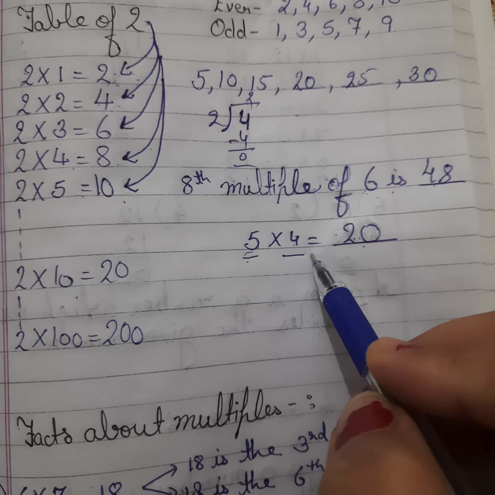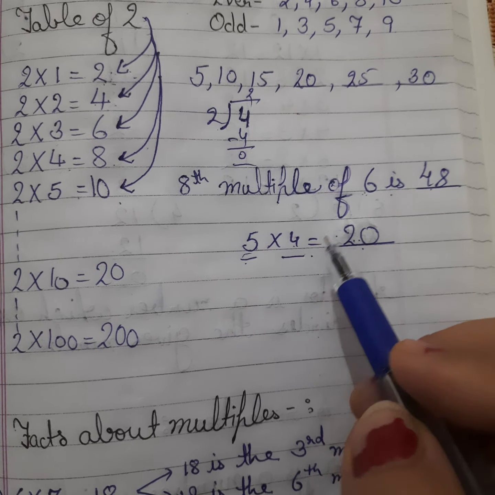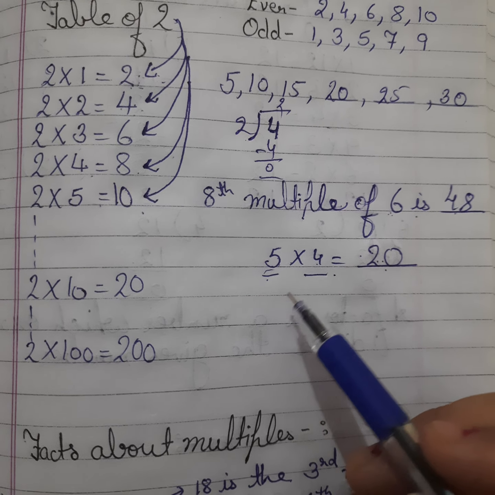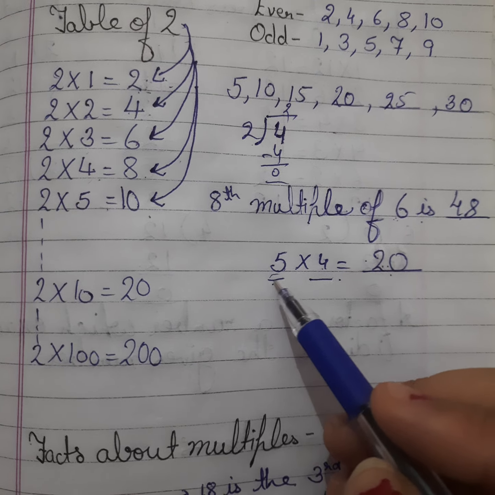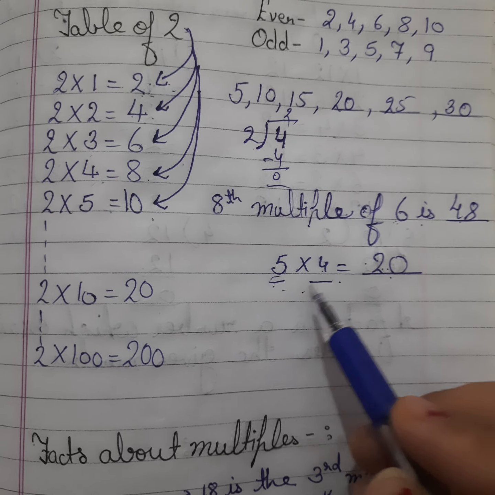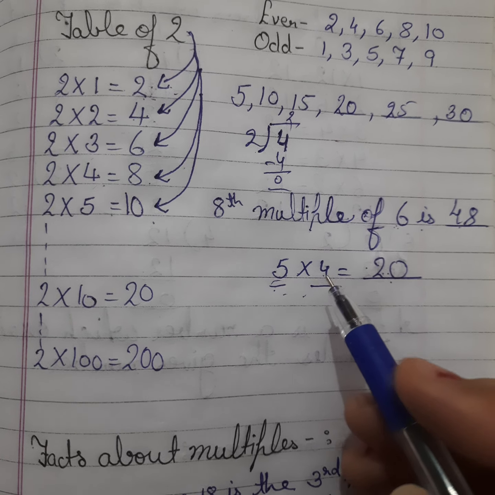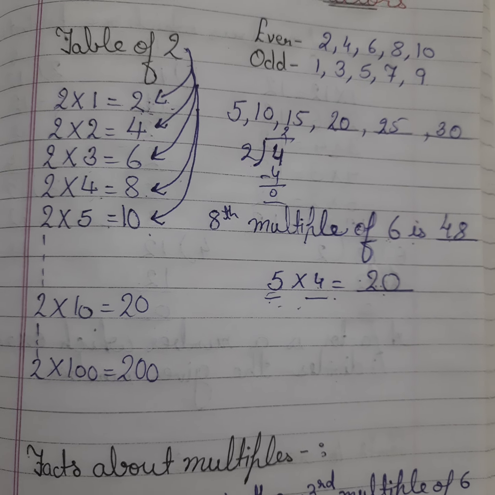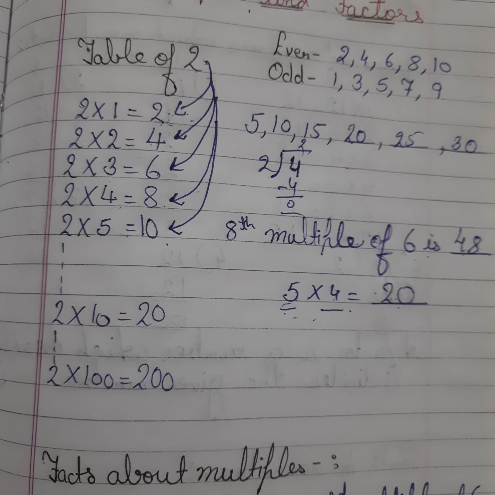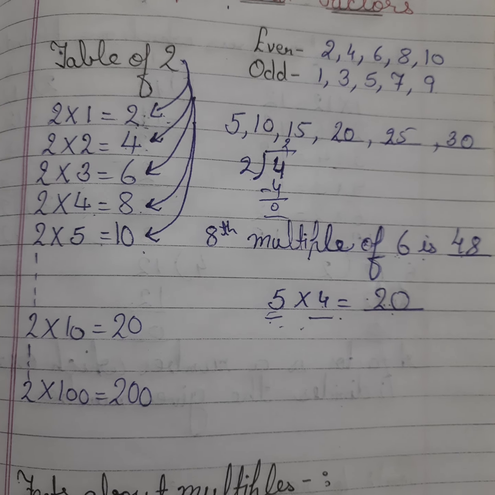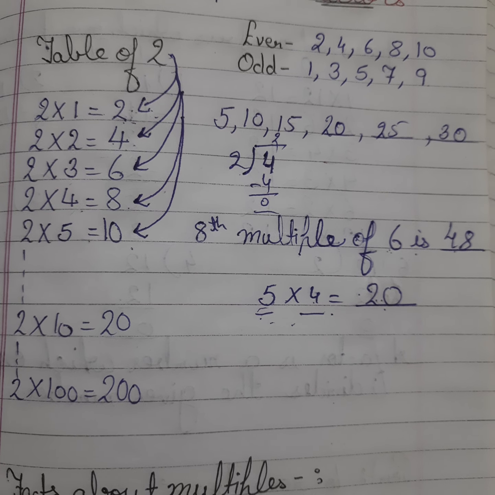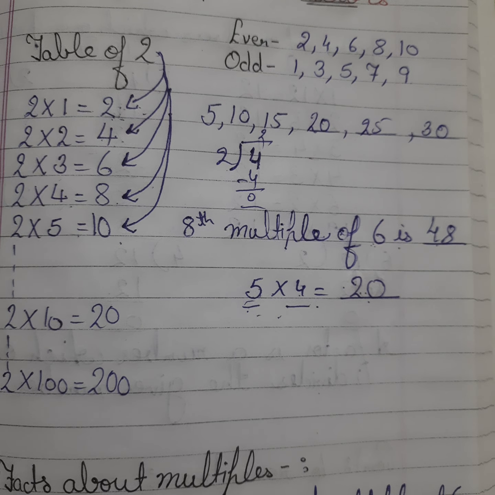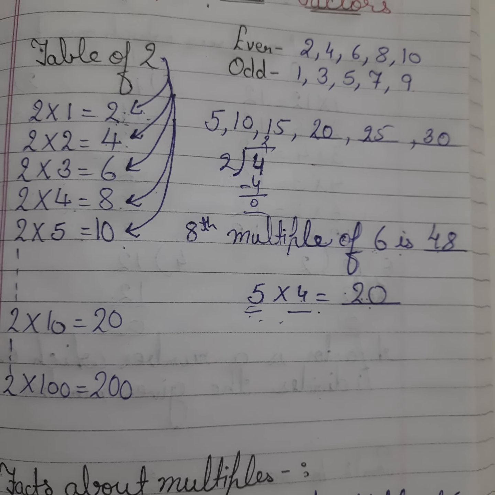It means a multiple is the number which is divisible by its factors. I will tell you what the factors are. So the number which is divisible by its factor is called the multiple. The numbers we use for multiplying are the factors, because if we are finding the multiple of any number, the answer comes by multiplying 2 numbers or 3 numbers or 4 numbers.